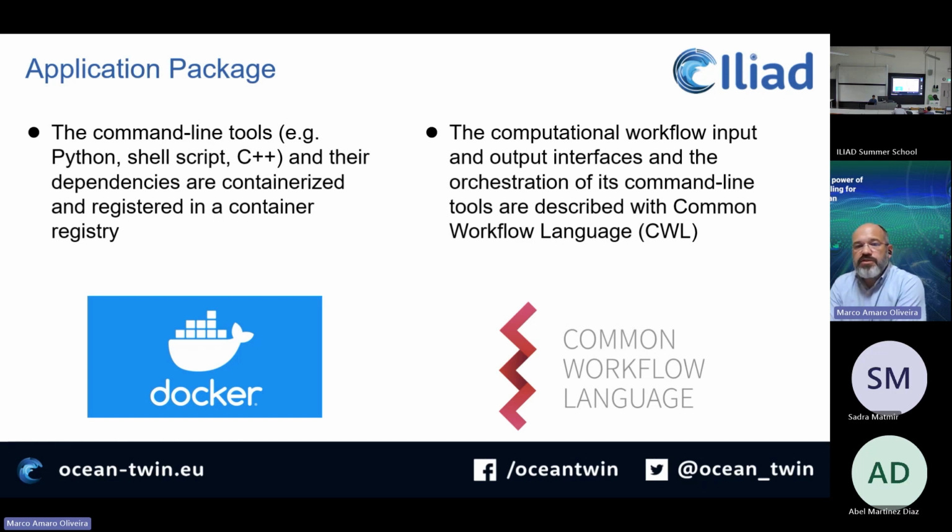And the CWL part is a text document, a YAML formatted document that describes the computational processing, and that can be interpreted by a set of technologies that are available, and can then deploy and orchestrate the execution of our processing workflow.